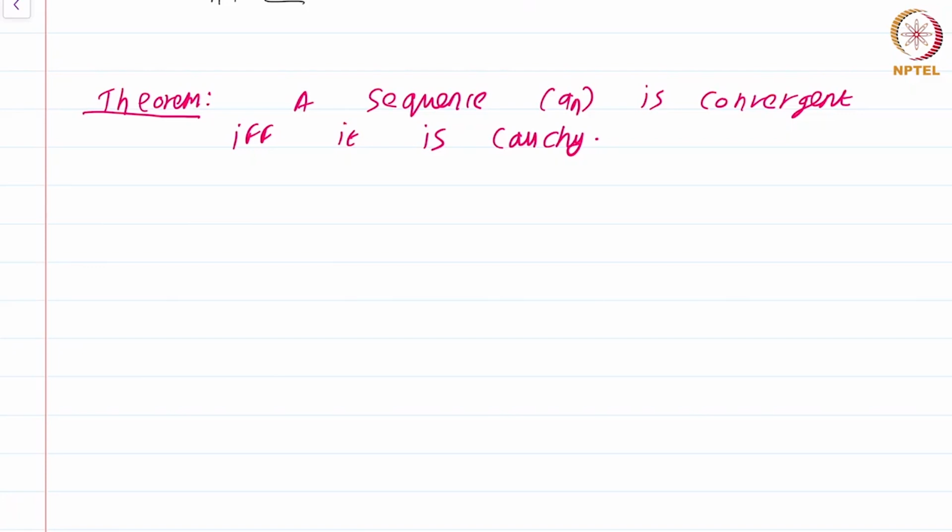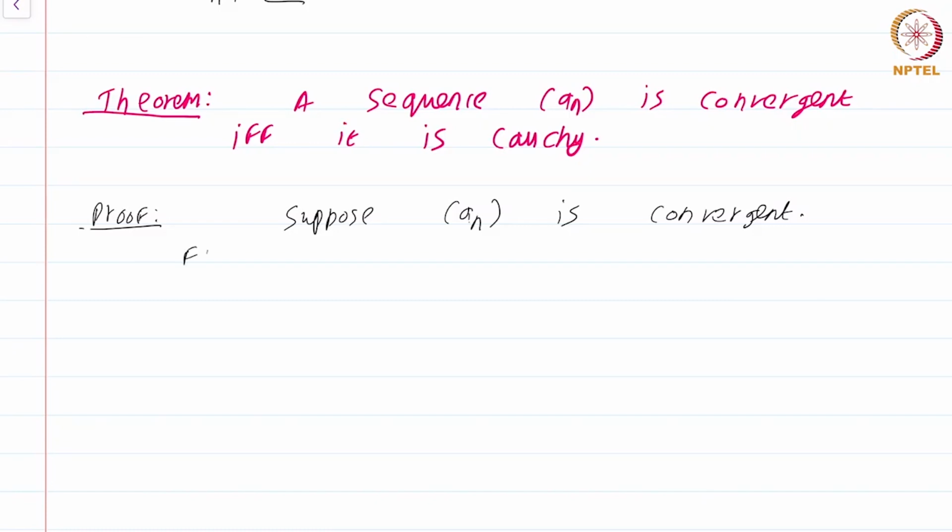Now the first part, as you can expect, one direction will be easy. So suppose a_n is convergent. Our goal is to show that it is Cauchy. Okay.